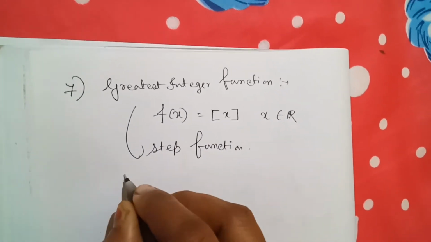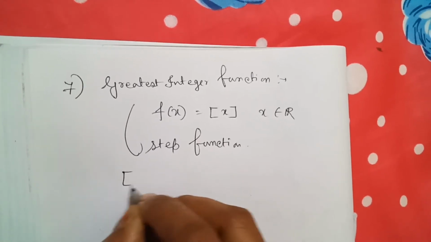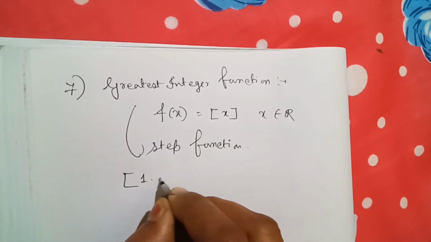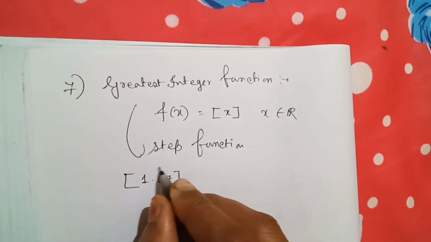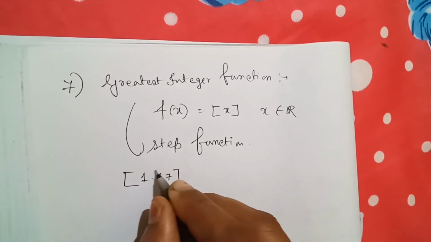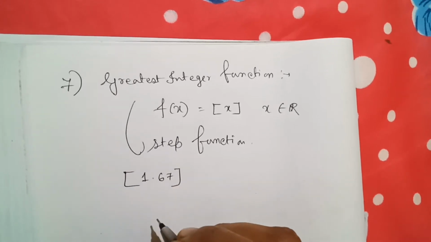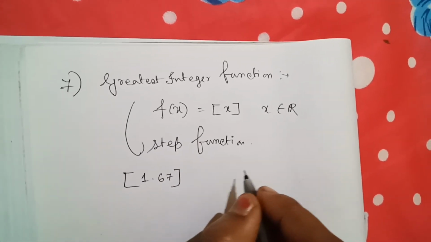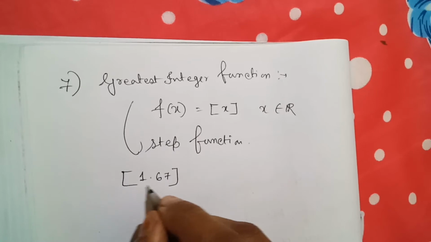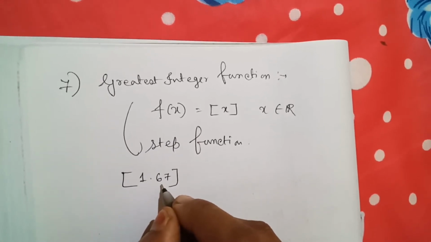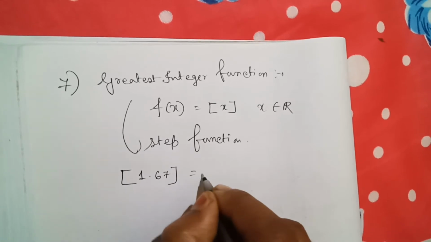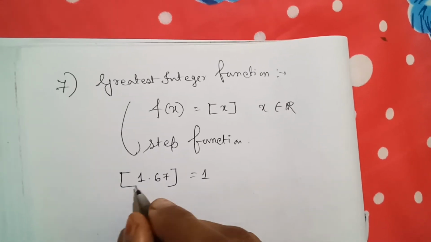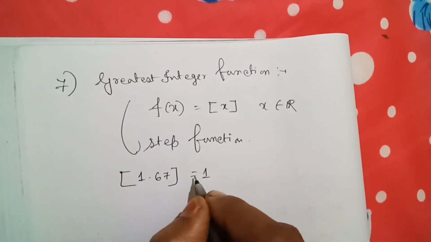How? Let me give you some examples. Suppose box 1.67. Then we have to take the greatest integer less than or equal to this number. As this is not an integer, what will be its previous one? 1. That means the answer will be 1. So box 1.67 is equal to 1.